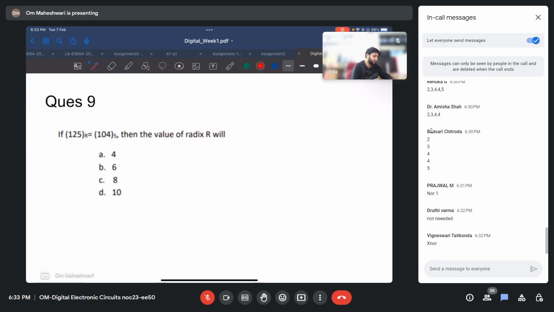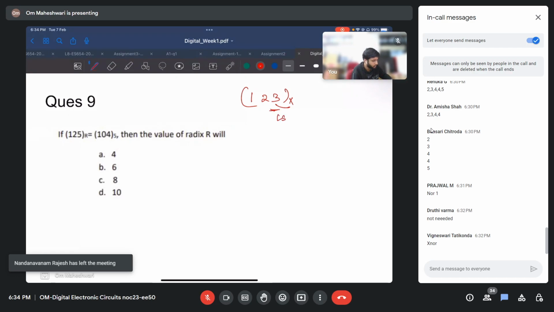What does it mean? Let's say we have 1, 2, 3 to the power of base x. How do we expand it? We write everything multiplied by the power of x. This is LSB, this is MSB, least significant and most significant digits.